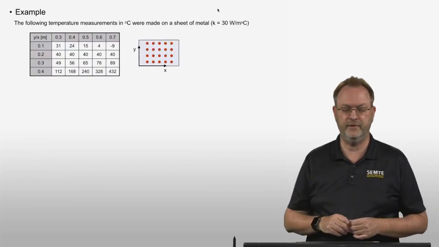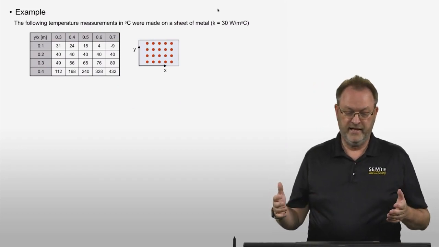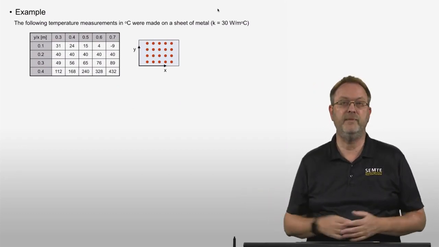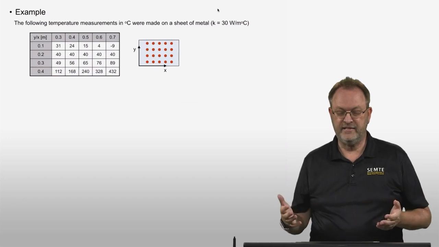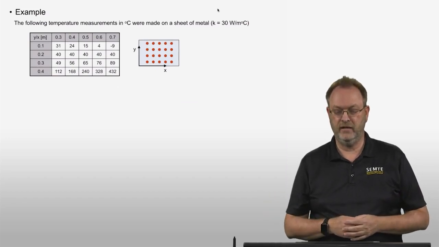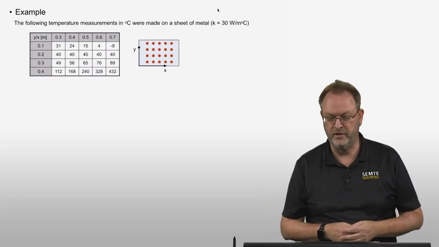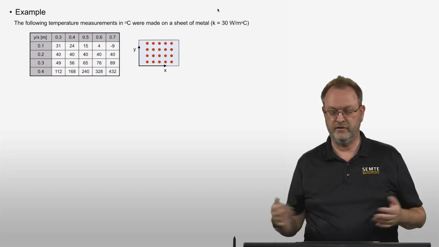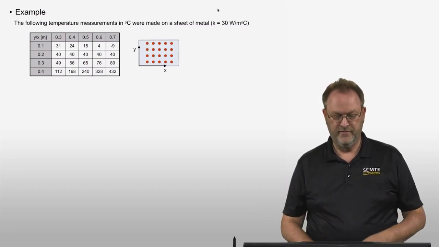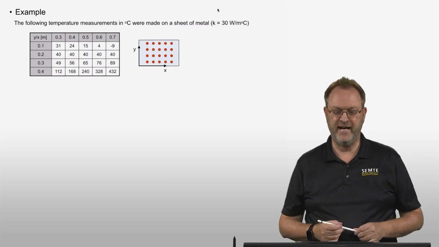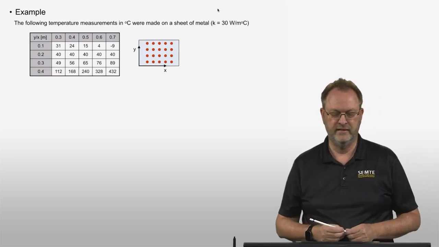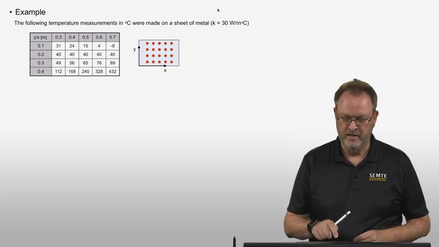So let's do an example. Here there are temperature measurements in degrees Celsius done on a sheet of metal where K is equal to 30 watts per meter degrees Celsius. And we have this table here of the measurement values at these red dots where the measurements were made.